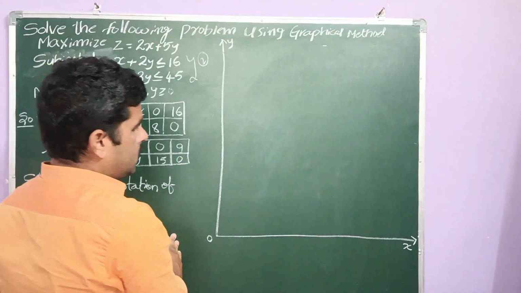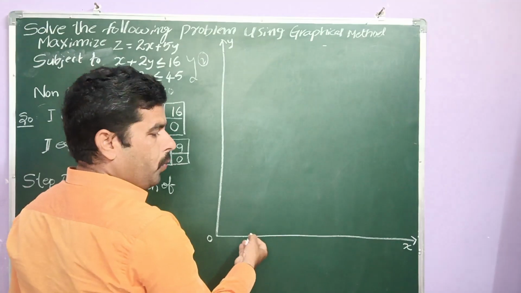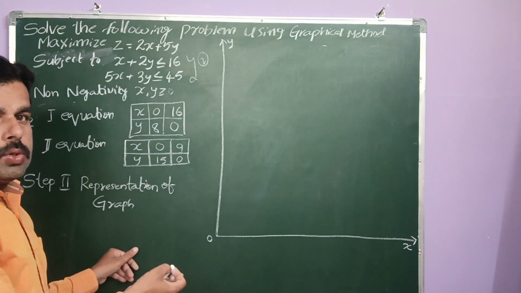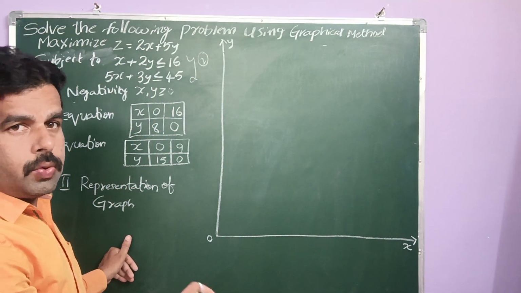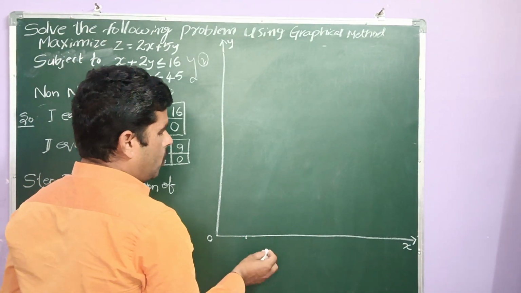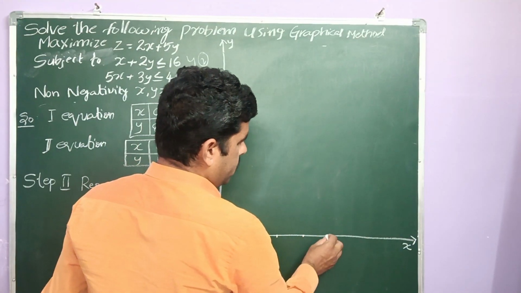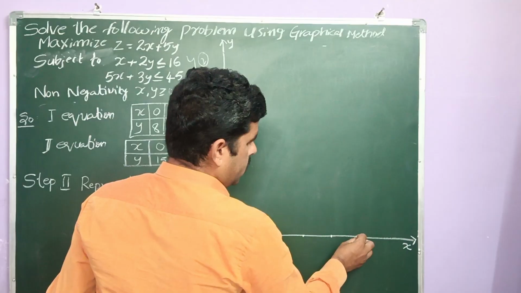The maximum value is 16. So we can take 5, 10, 15. Otherwise 4, 8, 12, then 16, 20. In this way also, according to your wish. So I am taking here 4, 8, 12, 16, 20.